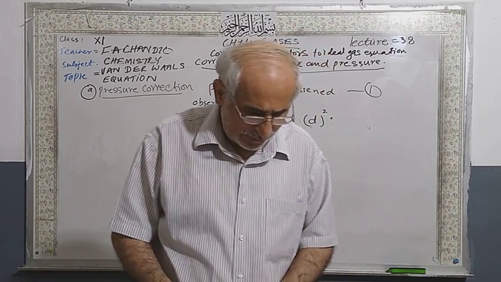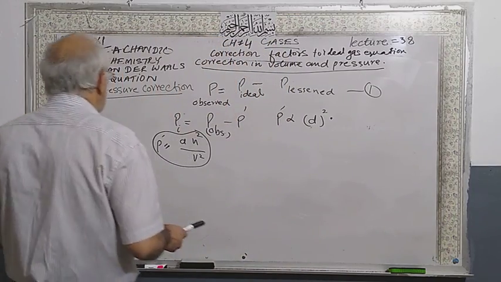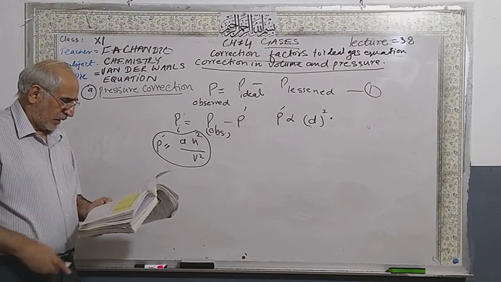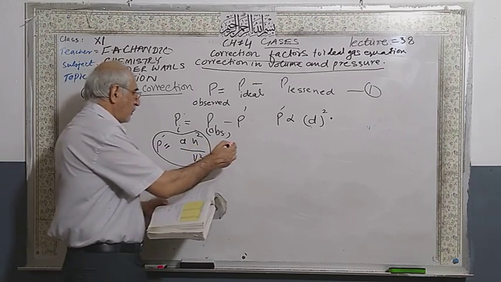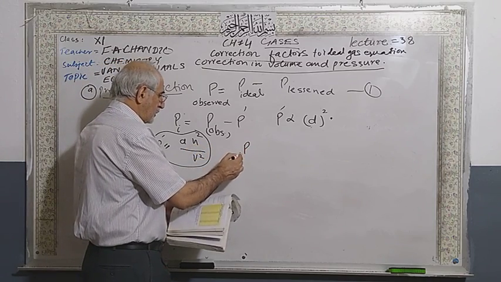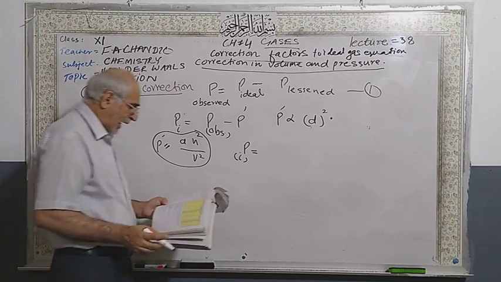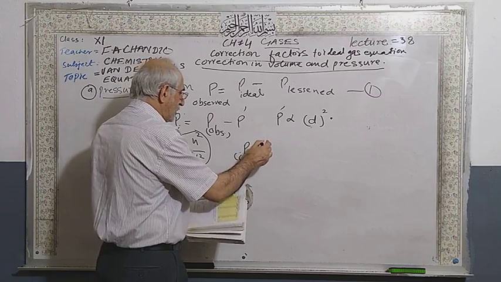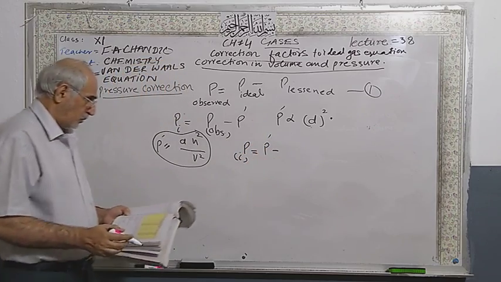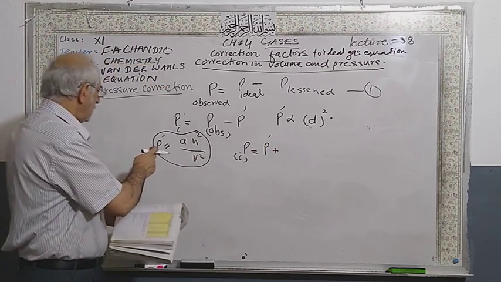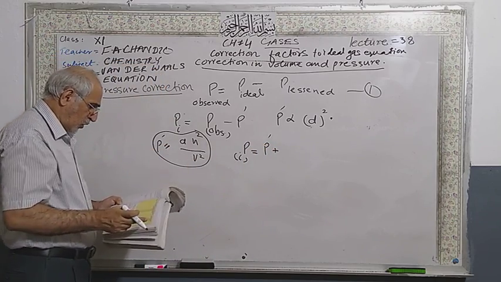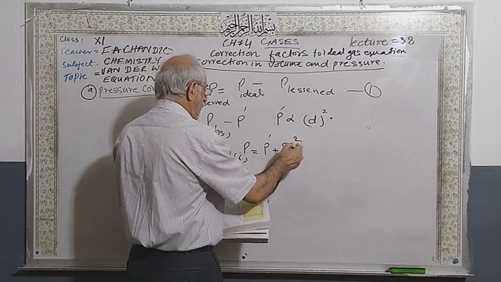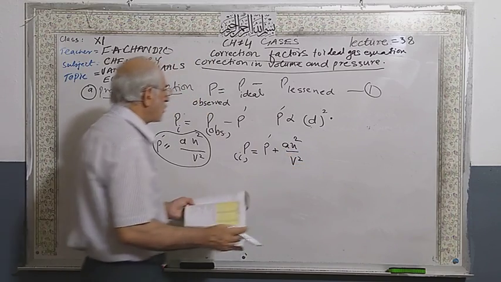So now put the value here. Then you will get P ideal. P ideal will be equal to P observed plus P dash, and this is the formula for this one, a n square over V square.